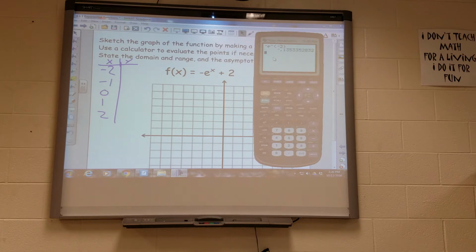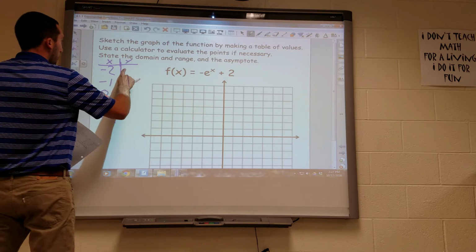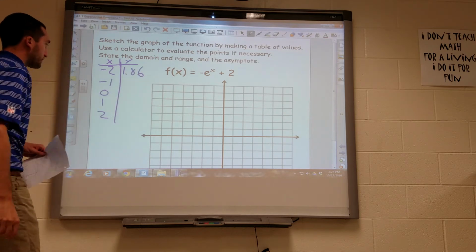So then they've given me my e raised to the -2, and then taking the negative of that gives me negative 0.135. So then I add 2 on the outside, and I end up with 1.86.